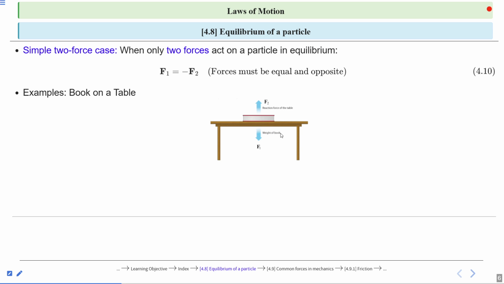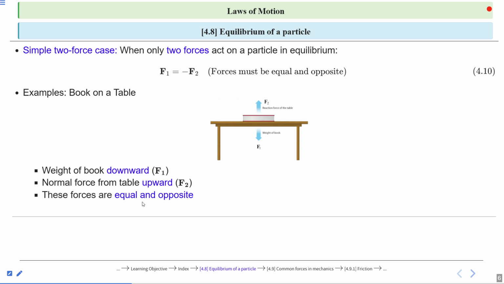F1 is the weight of the book, whereas F2 is the reaction force of the table. The weight of the book acts vertically downward. F1 is vertically downward. Whereas the reaction force of the table is the normal force from the table, and its direction is upward.